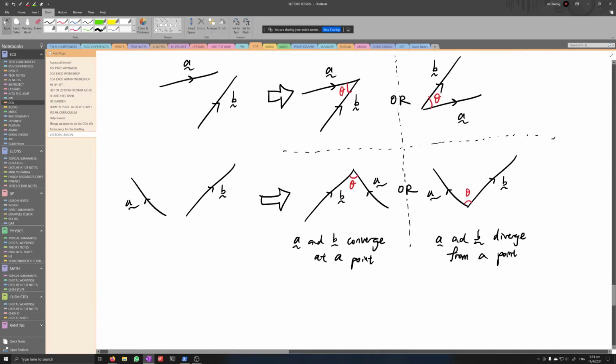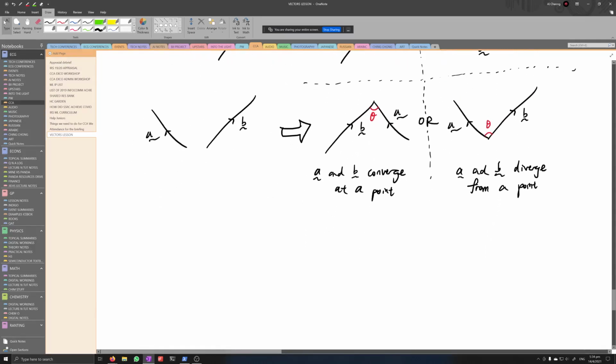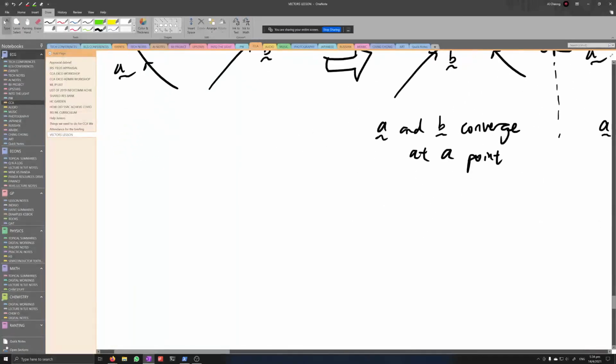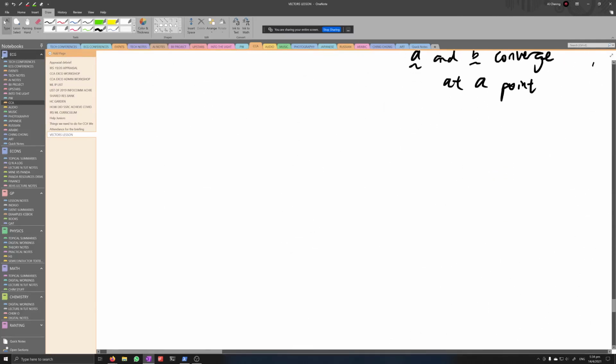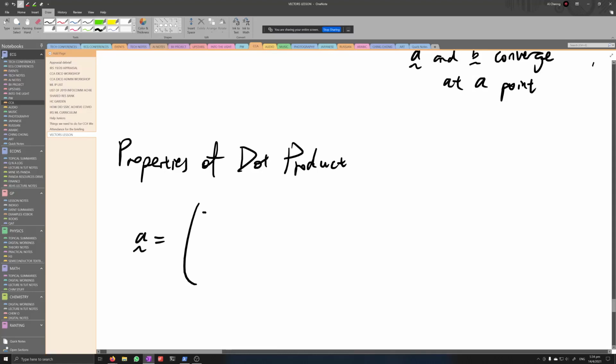Then there are some pretty important results regarding the dot product. So this one will be very important for linear classifier. Let's just write properties of dot product. Let's say A is equal to x1, y1, z1.